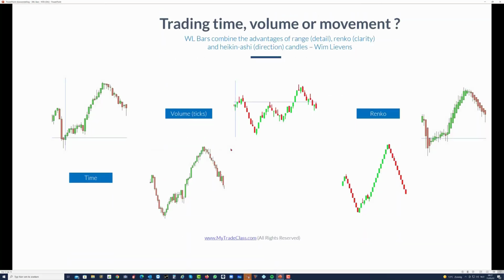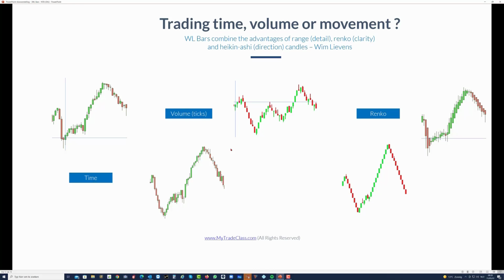Now, you have several types of candle bars. On the left you see time, and then you have volume or tick charts. There's also one in the middle that are range bars. Then you have renko bars. On the right you see heikin-ashi bars. So you have different types of bars, and they all have value and advantages, but also some inconveniences.